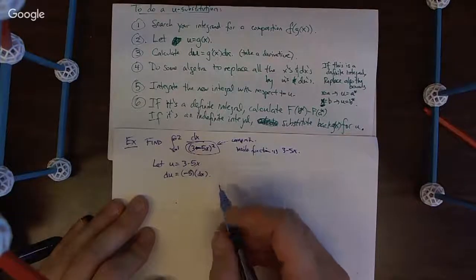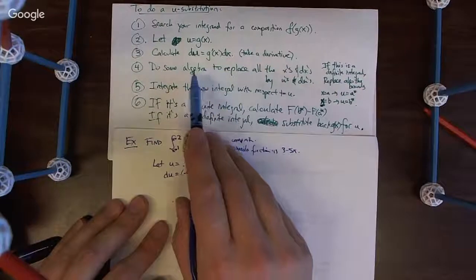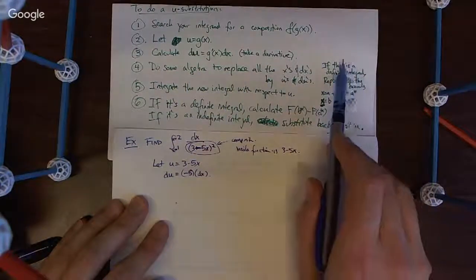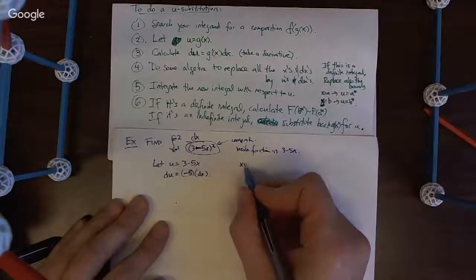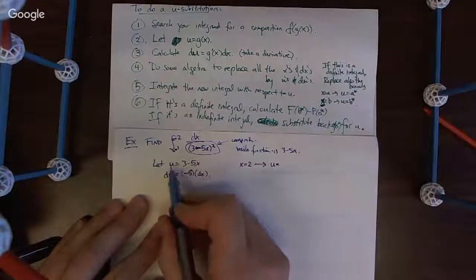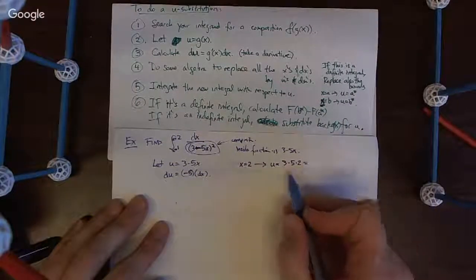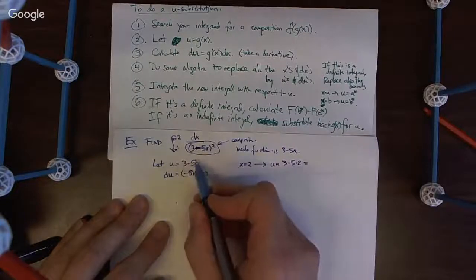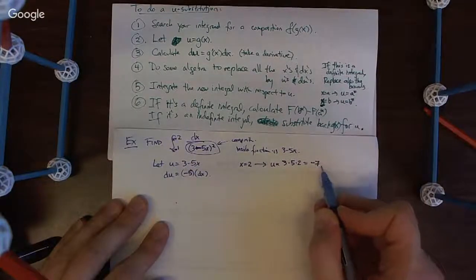Okay, so let's go back to what we said. We calculated du. So if this is the definite integral, we're also going to have to replace the bounds. If x equals 2, then u is equal to 3 minus 5 times 2, which is negative 7.